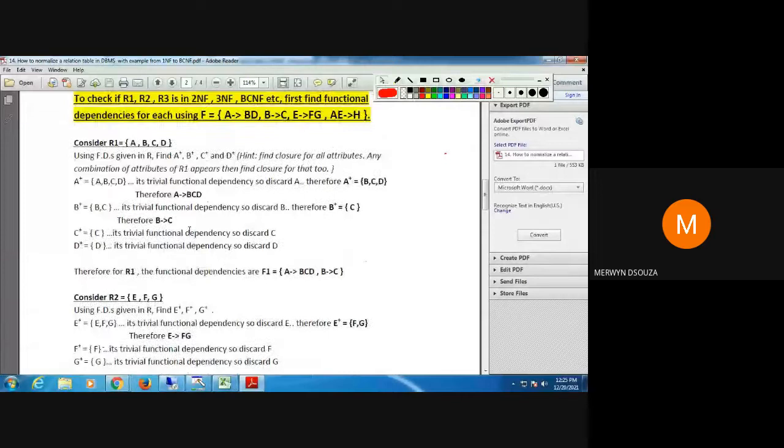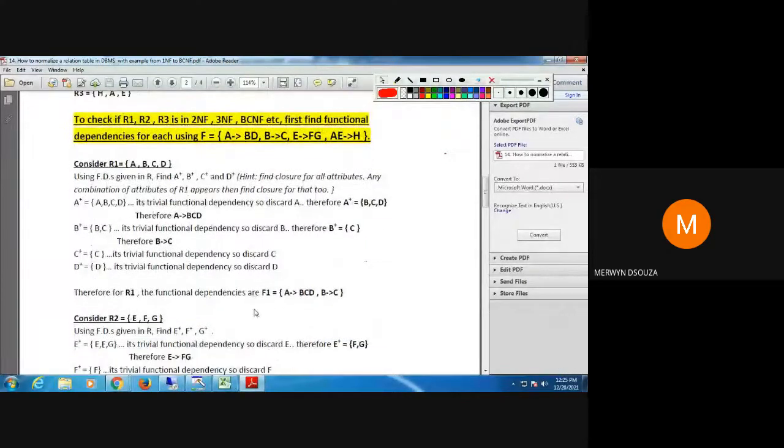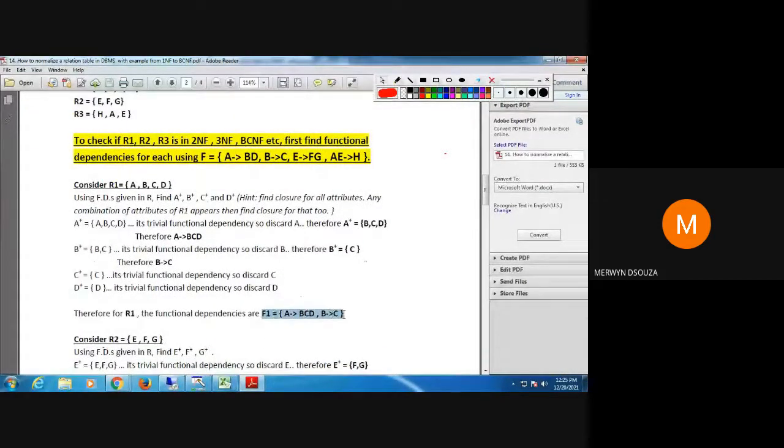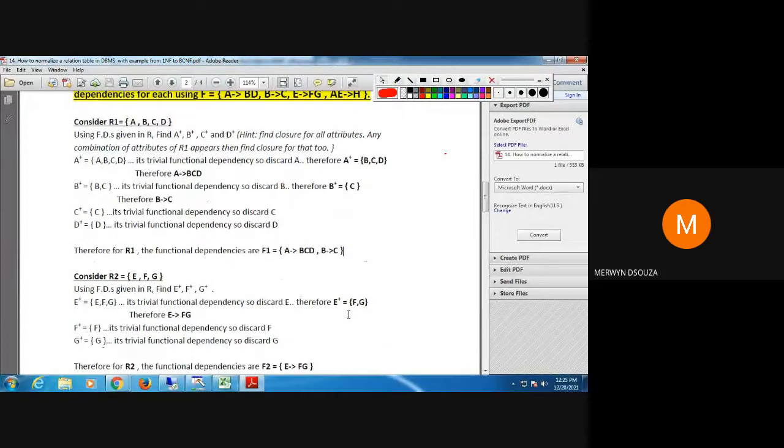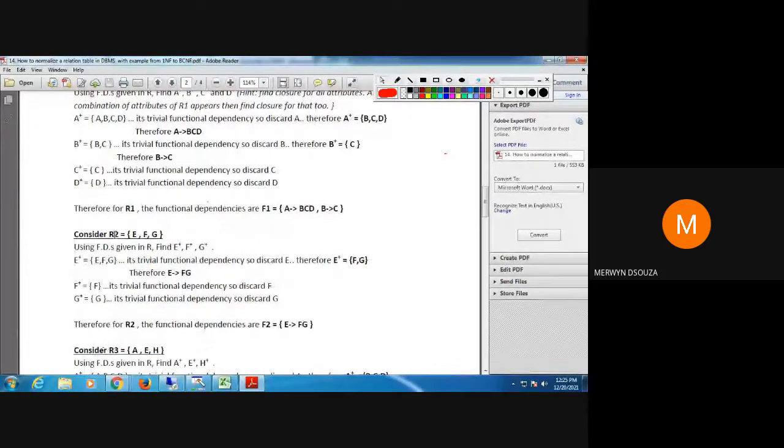Can you try to find out the new candidate key for R1 using F1? So this is your R1 and this is your F1. Similarly, you will have to take R2 and F2.